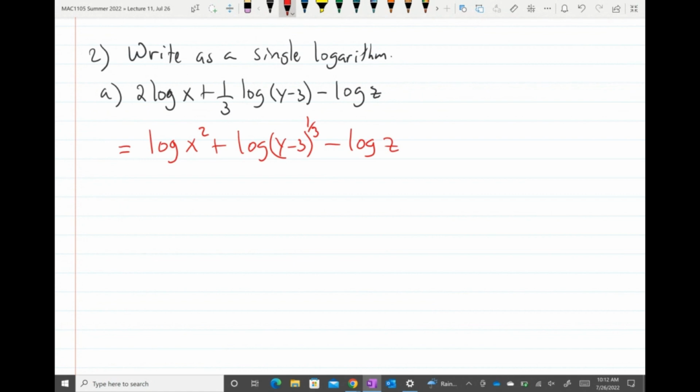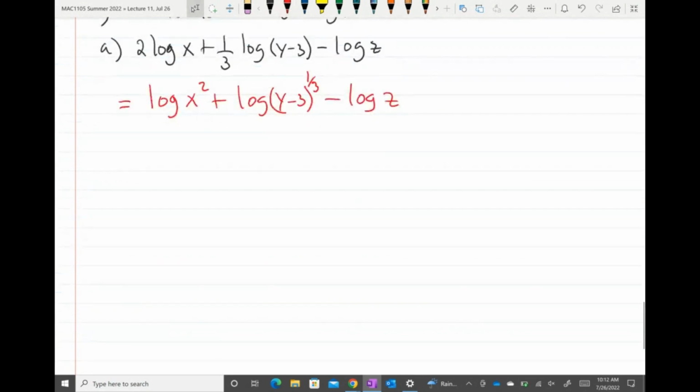Okay, so now we have a sum and difference of just logs. Okay? So now we just do it little by little. For example, how can we collapse this into a single log? What do we need to do? Did you say plus?